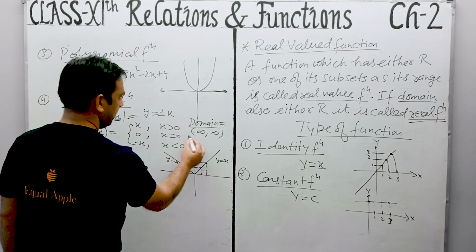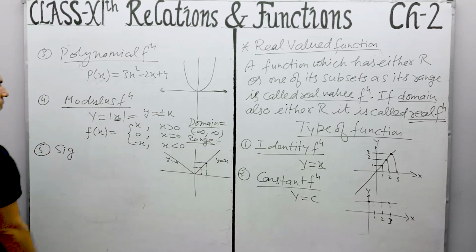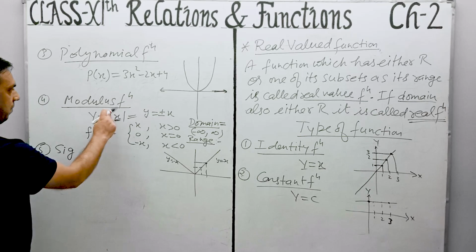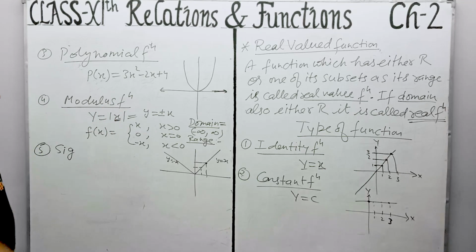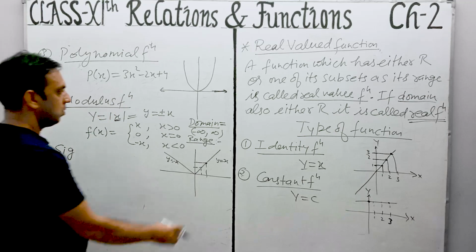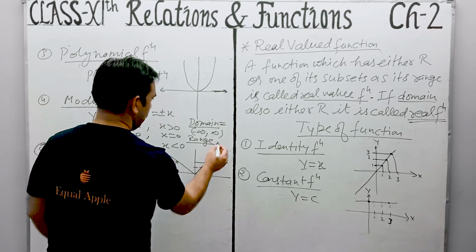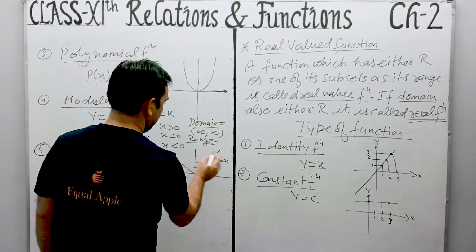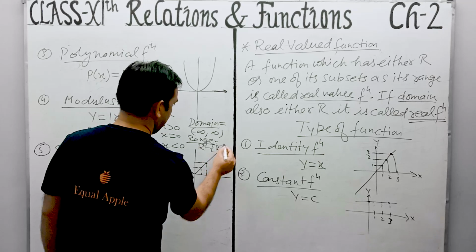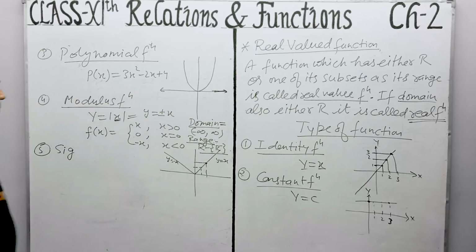And what is the range? The range is the value of y when we put in the value of x. In the range we can have only non-negative values, because if we put any real number here, we will always get a non-negative value. So the range is all real numbers except negative real numbers, right? So this is the range of this modulus function.